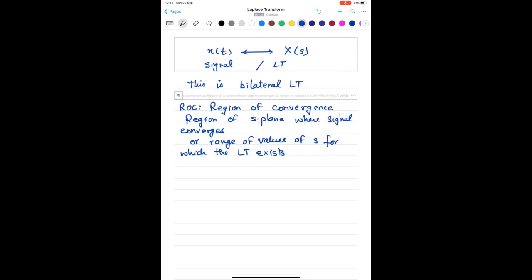So it basically tells where the signal will exist.